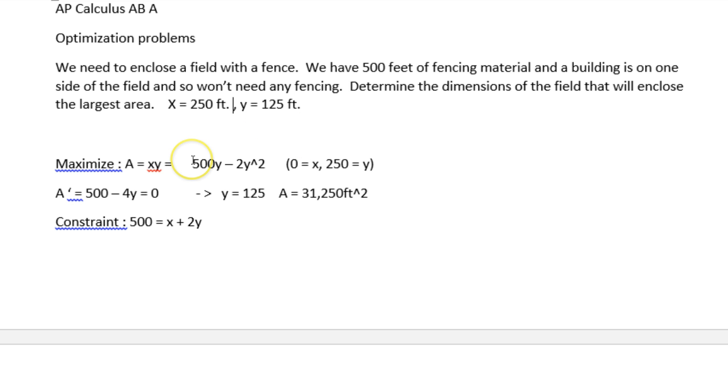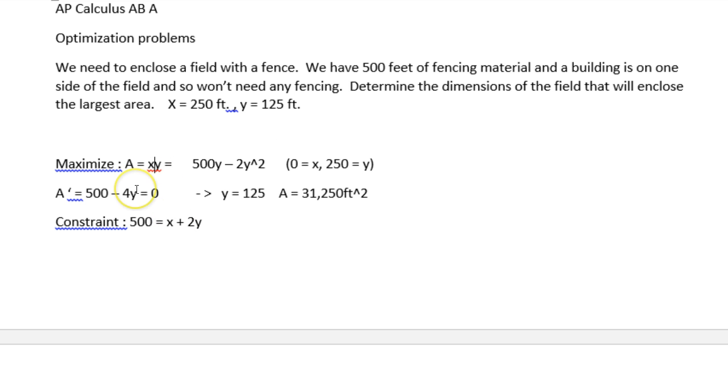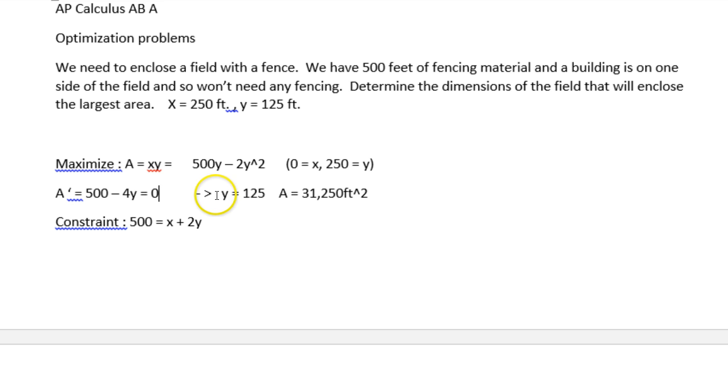Remember once again: find the formula you're trying to maximize, know the constraint, plug that constraint into your maximization formula, and get it in terms of y or x or whatever letter you want to solve for. Then take the derivative of that formula and set it equal to 0, because we want the point of absolute extrema.